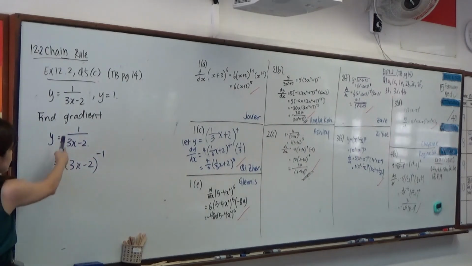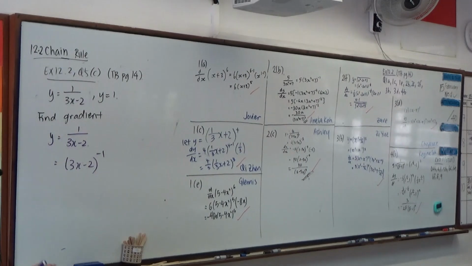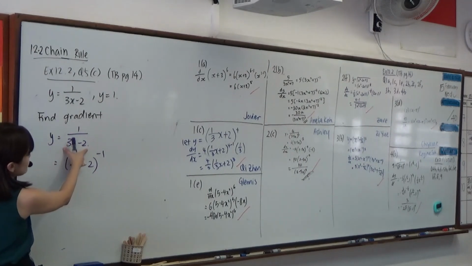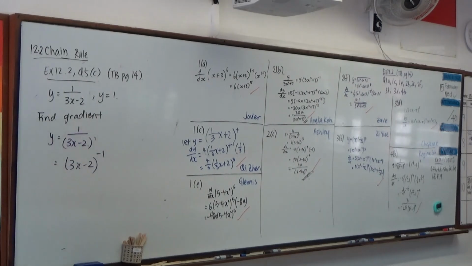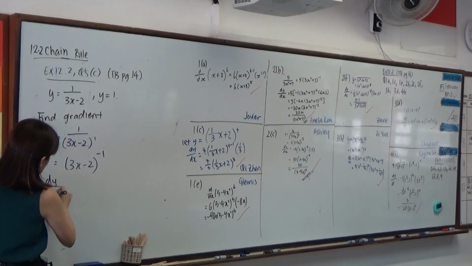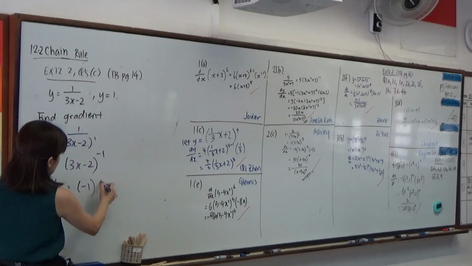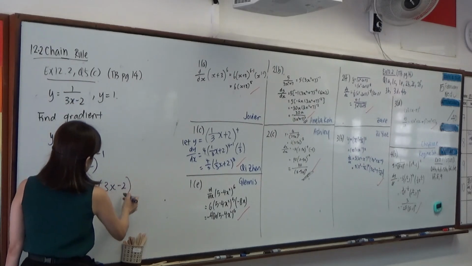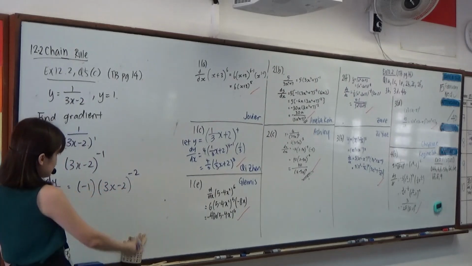From the denominator, bring it up into the numerator, and it becomes a negative. In this case, 3x minus 2 is actually secretly a power of 1, so bringing it up will be negative 1. Next we can go about differentiating. Bring down the power of negative 1, keep the same thing with power minus 1, so we get negative 2.